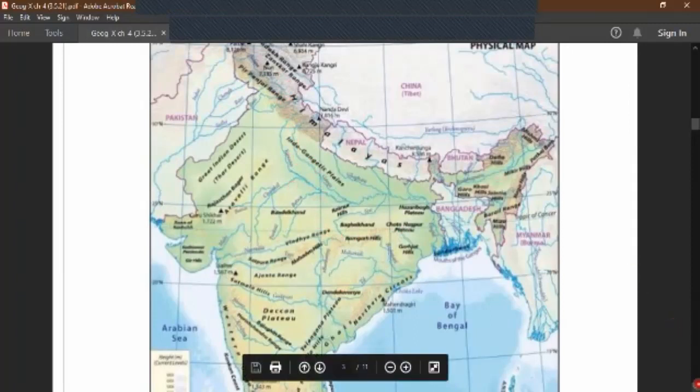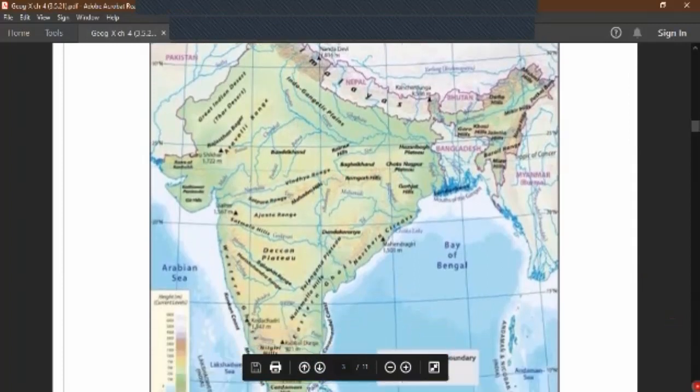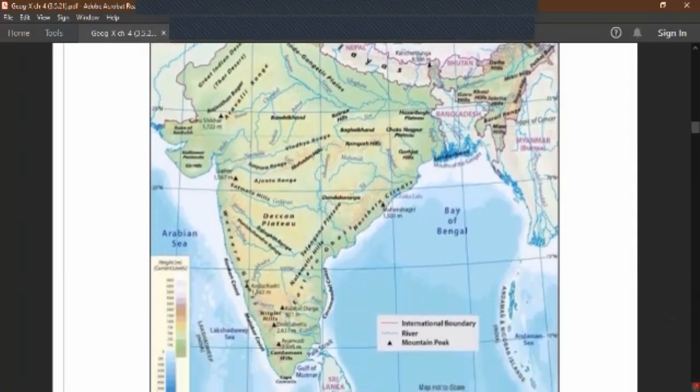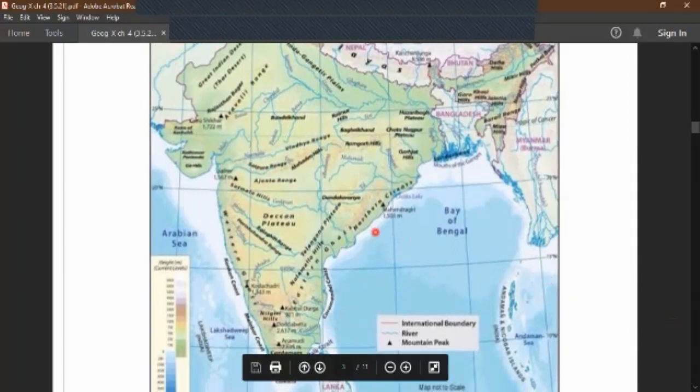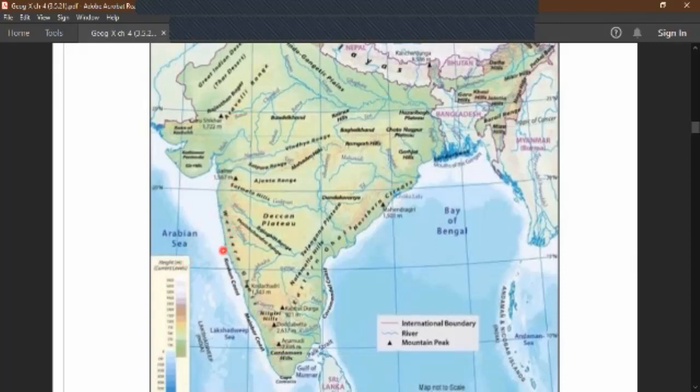The second factor is distance from the sea. The coastal areas basically have equable or maritime climate due to the influence of sea breeze, whereas interior locations are deprived of moderating influence of the sea and experience continental climate.